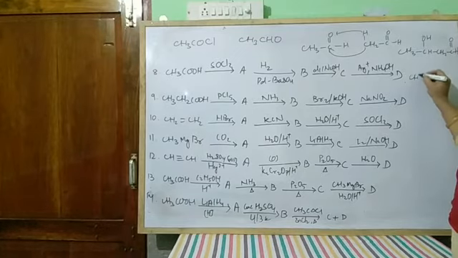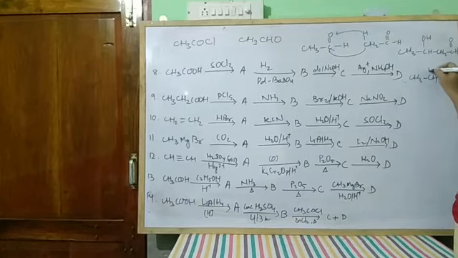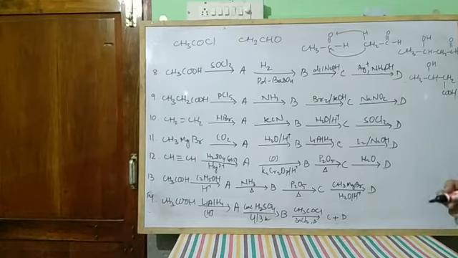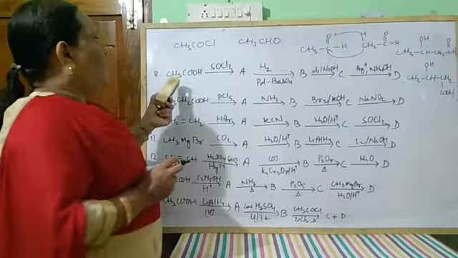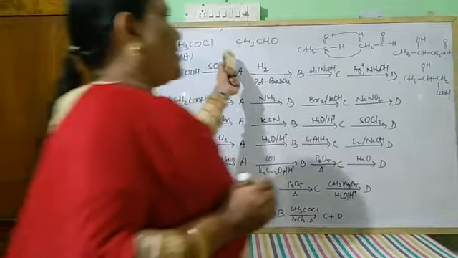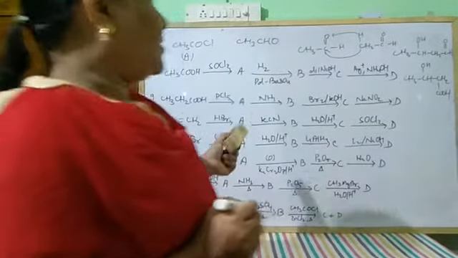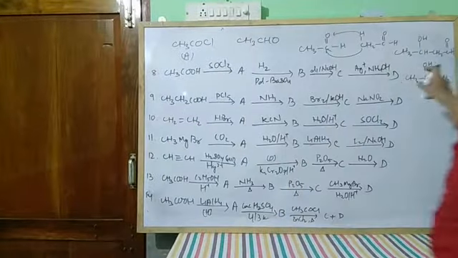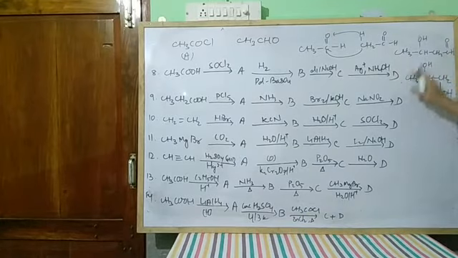So next one is CH3 CH(OH) CH2 COOH. So A is acid chloride, B is acetaldehyde, C is aldol, and D is this carboxylic acid.